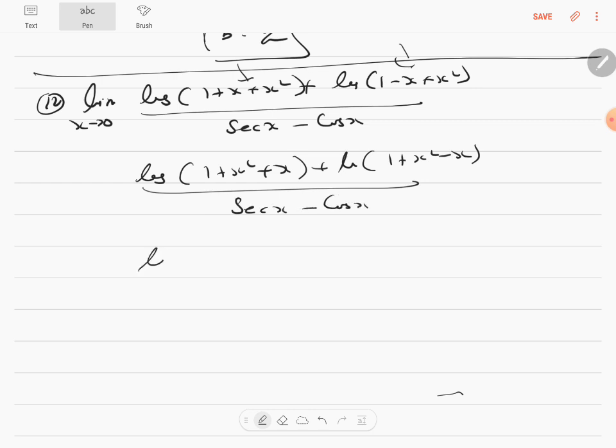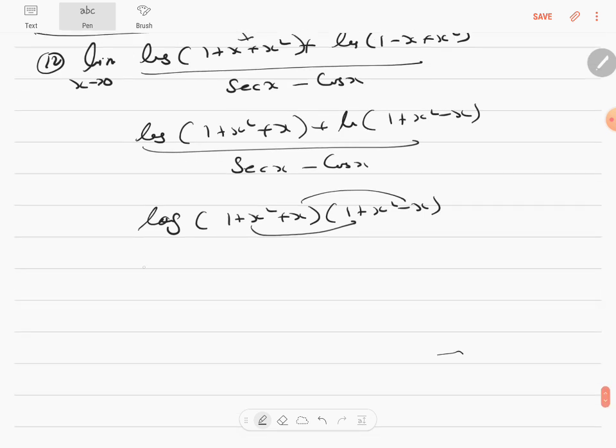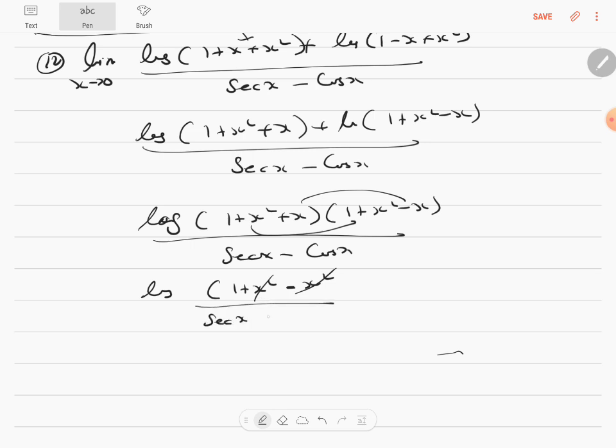And log a plus log b is log a into b, which is log of 1 plus x square plus x into 1 plus x square minus x, which is like a plus b into a minus b, by secant x minus cos x, which is log of a square minus b square by secant x minus cos x.